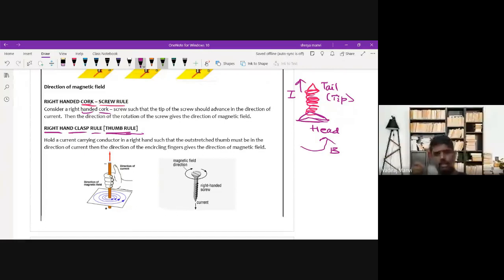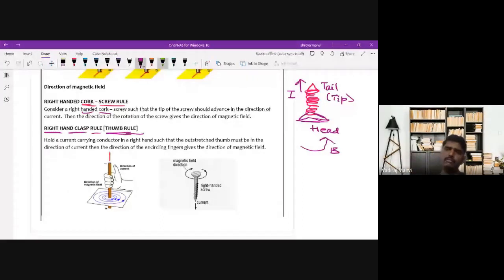Keep in mind, in this chapter direction is very, very important if you want to solve numericals and derivations. So hold the pen in the right hand, and observe my thumb and my fingers. Assume this pen as a conductor now.